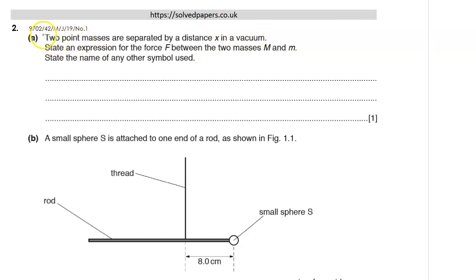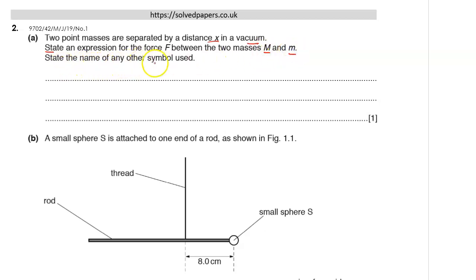Question number 2 was set on paper 4.2, and this was question number 1, May-June 2019. All gravitational field questions are usually the first one in every given topic. So we are told, part A, 2 point masses are separated by a distance x in a vacuum, no air resistance. State an expression for force F between the 2 masses, M uppercase and m lowercase.